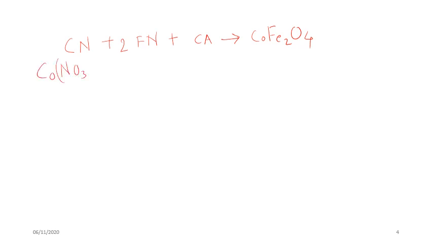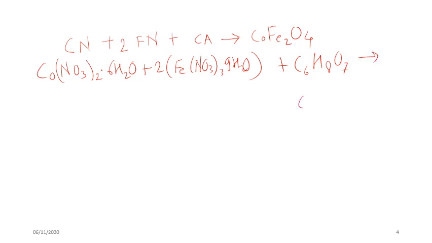So our original reaction is like this: cobalt nitrate, Co(NO3)2·6H2O, plus 2 times Fe(NO3)3·9H2O, plus citric acid C6H8O7, this gives me CoFe2O4 plus CO2 plus H2O plus NO2.